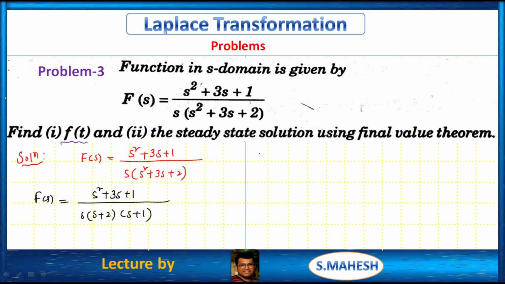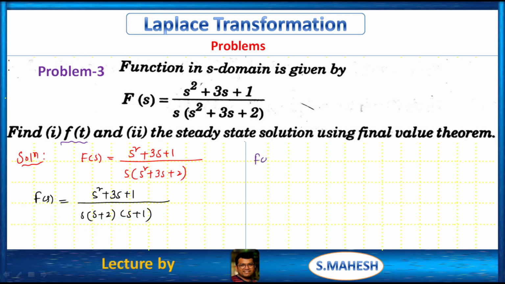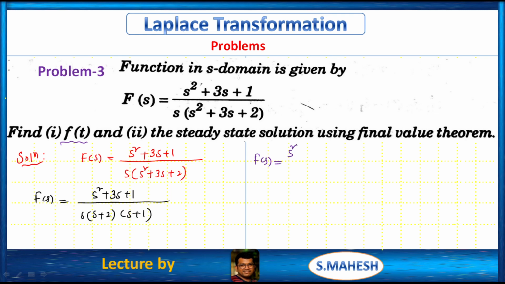Therefore f of s is equal to s square plus 3s plus 1 by s into s plus 2 into s plus 1. Obviously we can write like this.